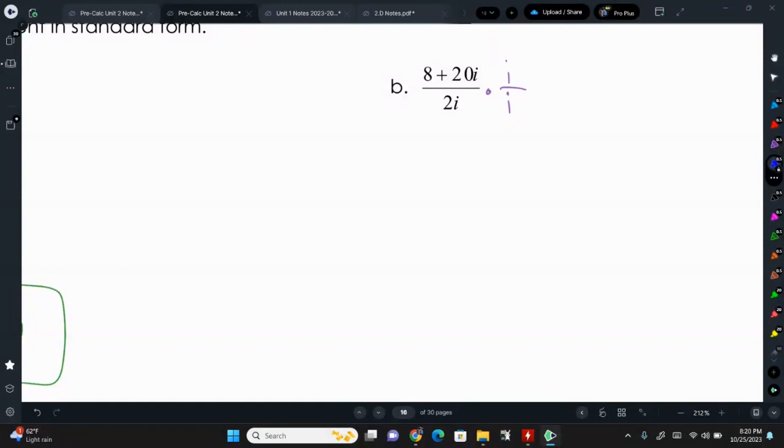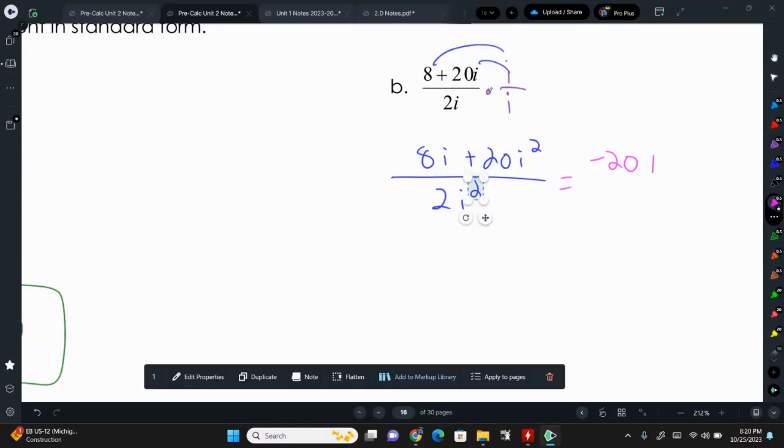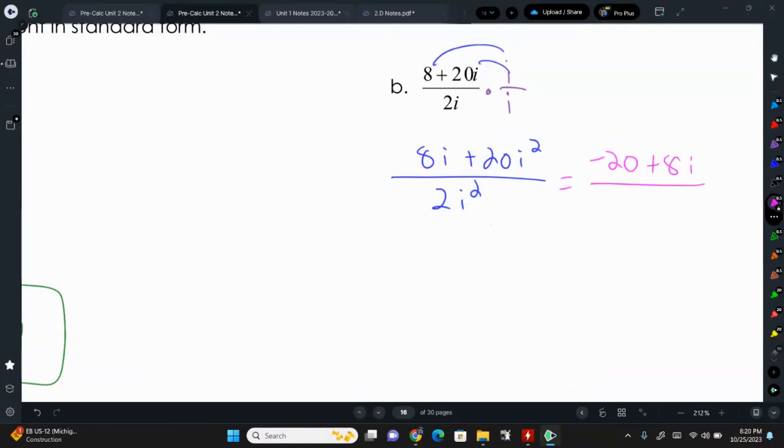So if I do this, this is going to be 8i plus 20i squared over 2i squared, as we distribute here. Okay, so that's going to be 20i squared is going to be -20 plus 8i over 2i squared is going to be -2.